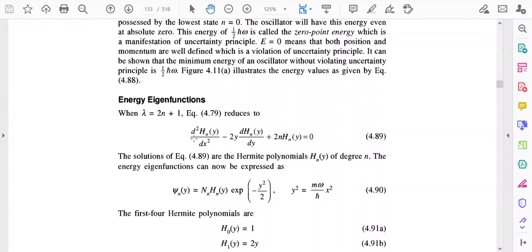Why lambda should be 2n plus 1 was described in the earlier lecture.